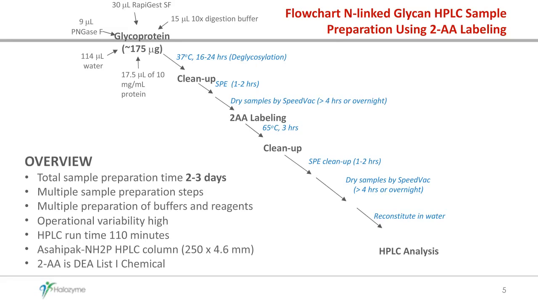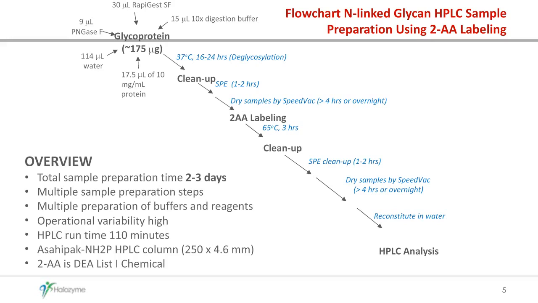After that, we have to dry our samples on a SpeedVac, and that can take greater than 4 hours or sometimes even overnight. And then we continue with 2AA labeling, at 65 degrees for up to 3 hours.